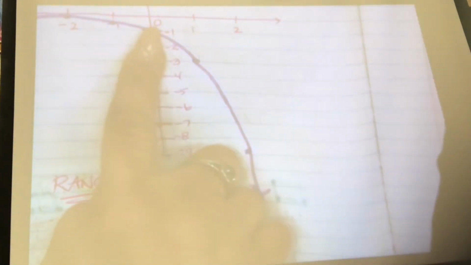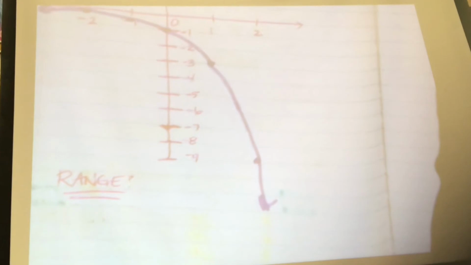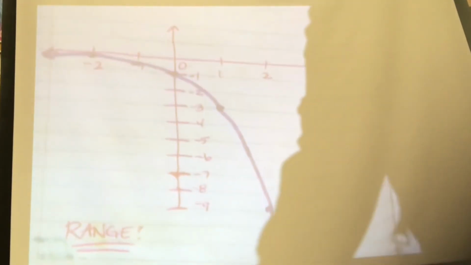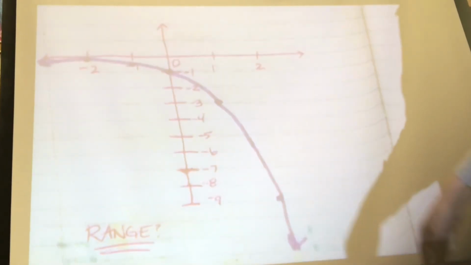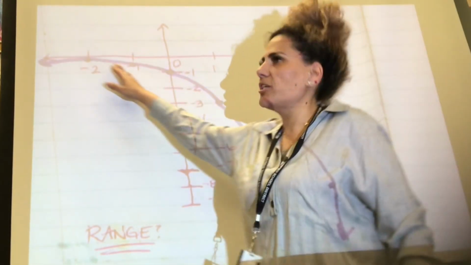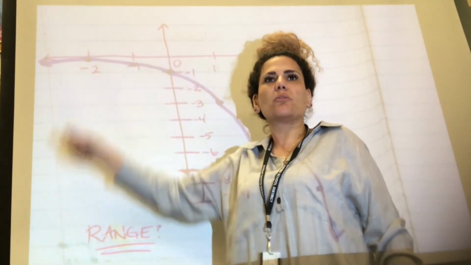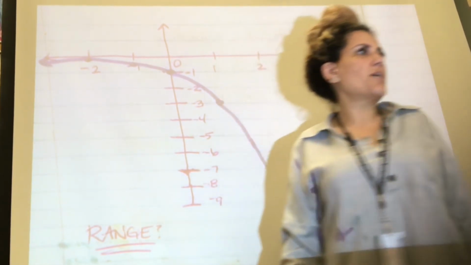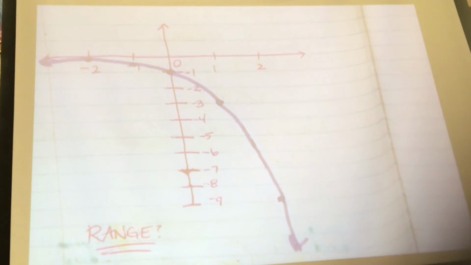So let me ask you again. Is 0 part of your range? Are you going to have action on the main floor ever? You're not. You're not going to have action on the 0 floor, on the main floor.